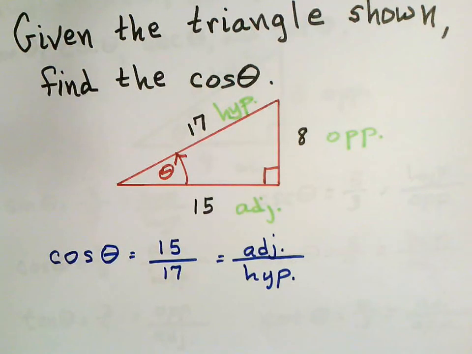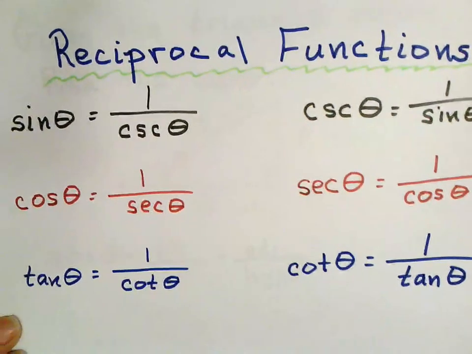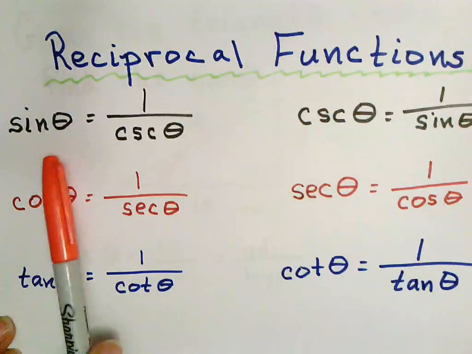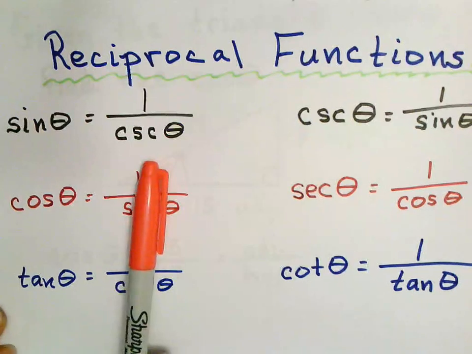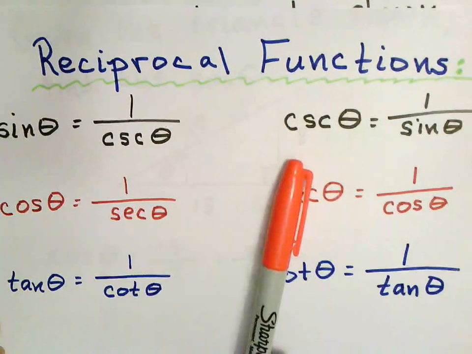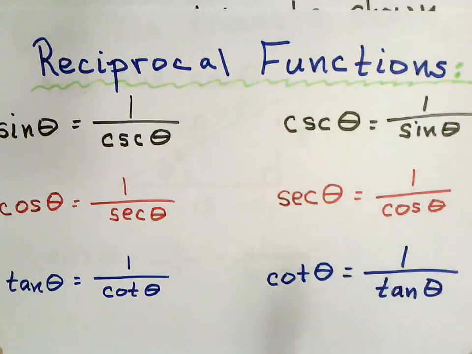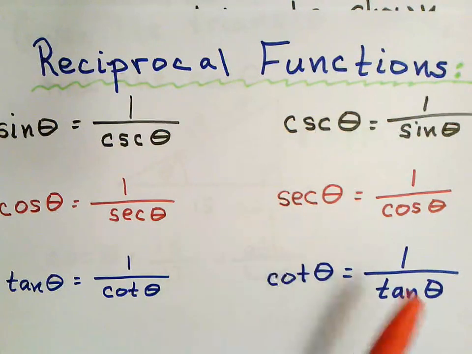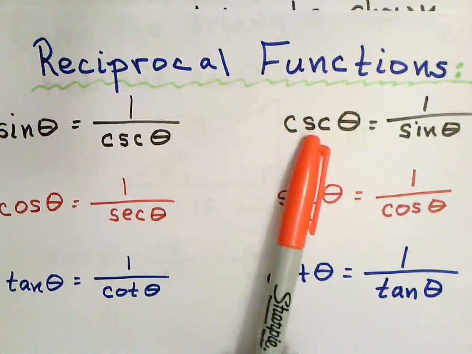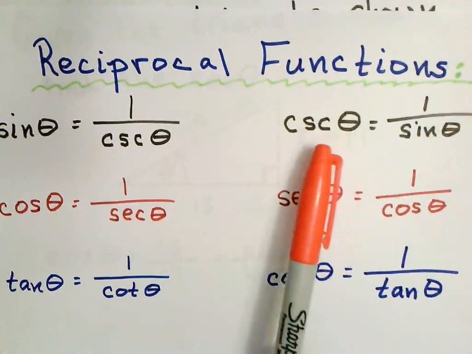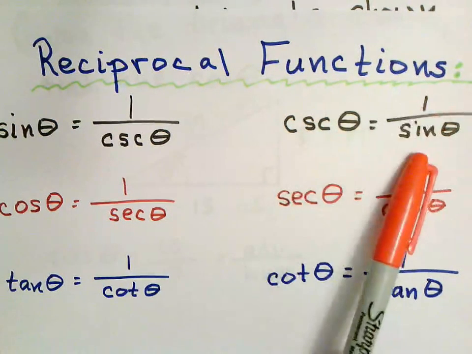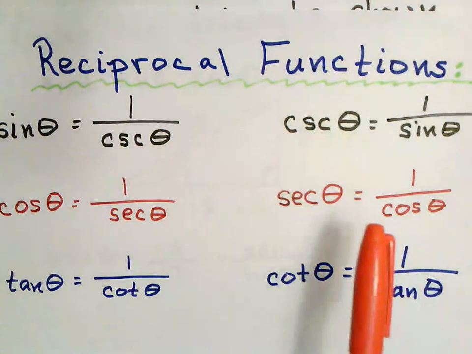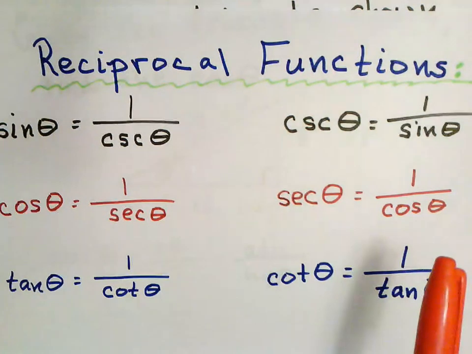Remember, I was talking about sine and cosecant being reciprocals. Another way to look at this is the following. Sine of theta is 1 divided by the cosecant of theta, or cosecant of theta is 1 divided by the sine of theta. On a lot of your TI graphing calculators, you do not have the cosecant. So you have to remember that cosecant is 1 divided by sine, because you do have the sine and the cosine and the tangent.